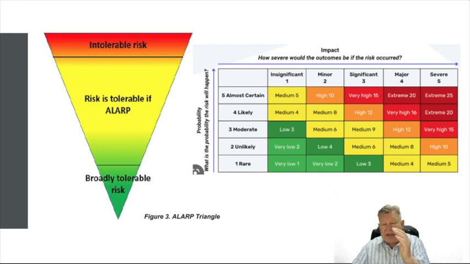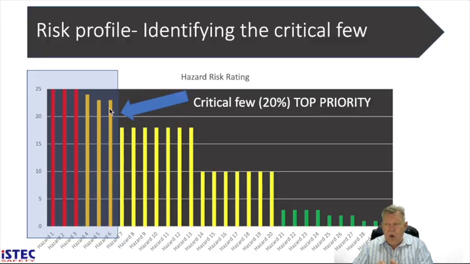I have to reduce the likelihood or the consequences down into this tolerable risk for all of these hazards. Remember, it's not incidents. These are hazards that are presenting a risk. I will start with my limited resources on the highest risks first.